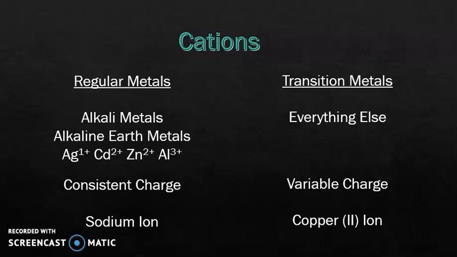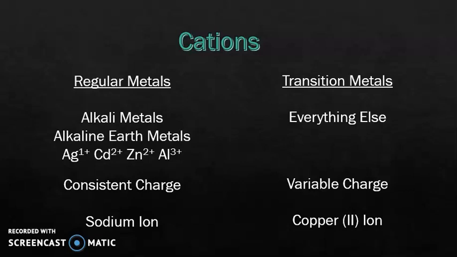Because it always has the same charge, it's not important to include that as part of its name. Whereas the transition metals, when they become ions, because they have a variable charge, I want to be very specific about which charge I'm dealing with. So that does need to be included as part of the name. So if I wanted to say copper with a 2+ charge as an ion, I would say copper with a Roman numeral 2 ion. That's how we name our cations.